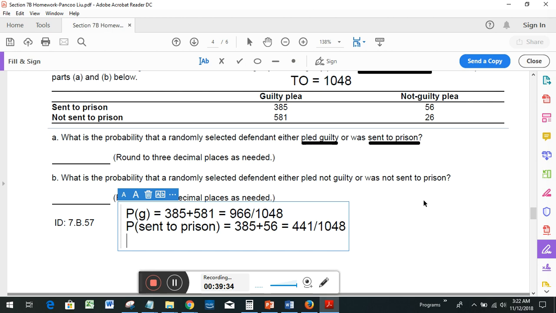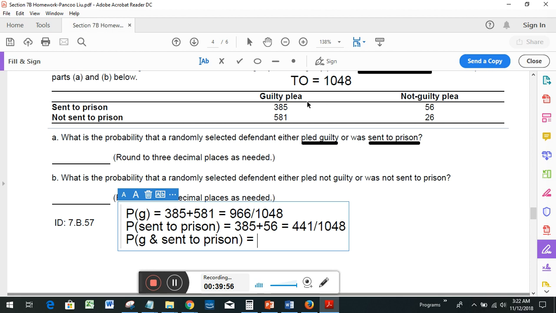Now we're going to look at the combination of the two, the probability of guilty and sent to prison. We want to find out how many people pleaded guilty and were sent to prison.